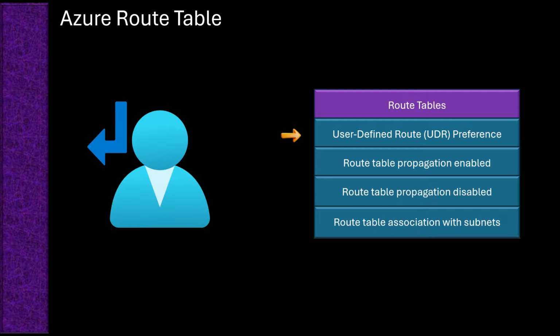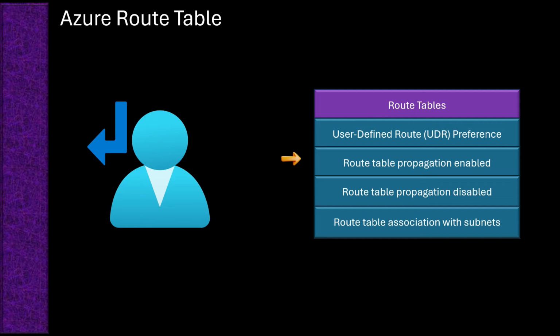For instance, if you have a UDR for the address prefix 10.1.2.0/24 and a system route for 10.0.0.0/8, Azure will use the UDR for traffic within 10.1.2.0/24 since it's more specific. If two routes have the same address prefix, the user-defined route takes precedence over the system route, which allows you to override Azure's default path with your custom routes.